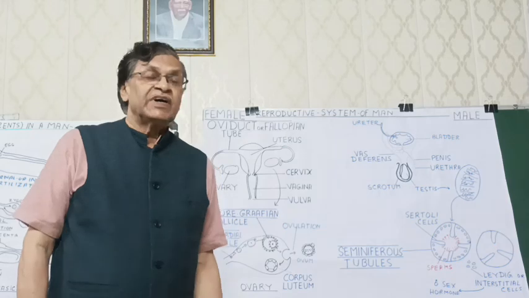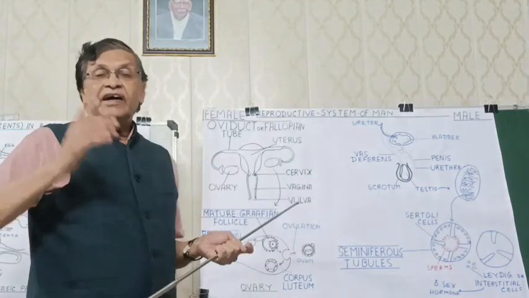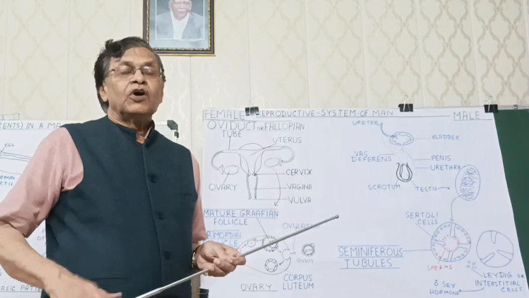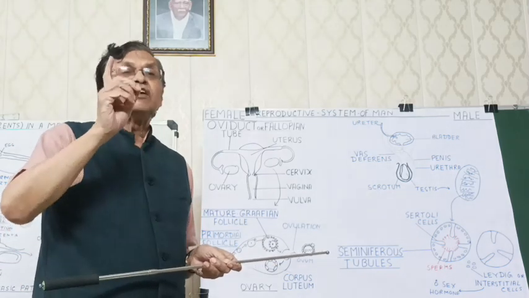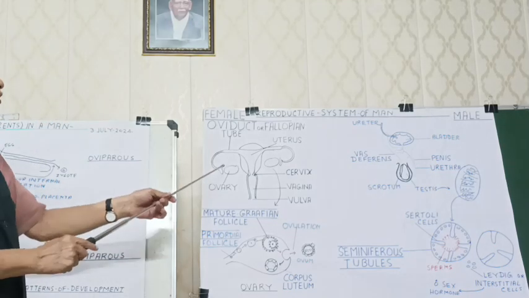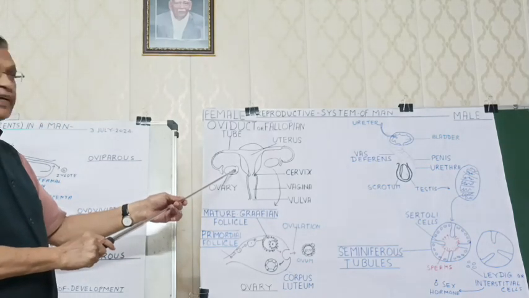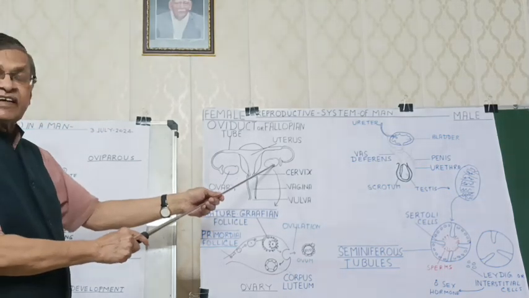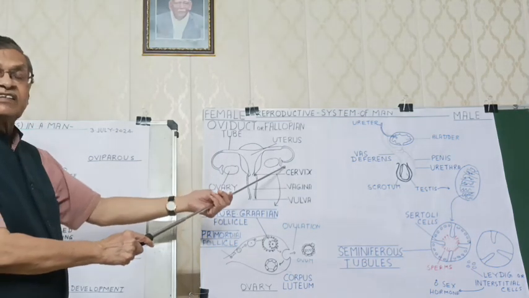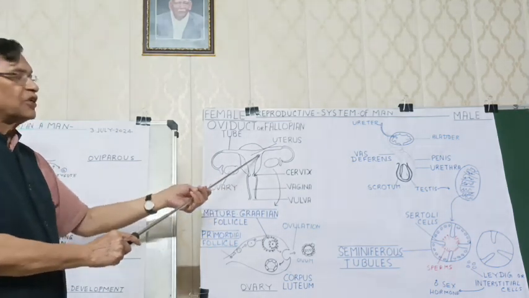But suppose in a human female, out of 28 days, only one mature ovum is released. In one month, one ovum is released from one ovary while the other ovary is kept silent. In the other month, this ovary releases an ovum, and it comes into the oviduct.